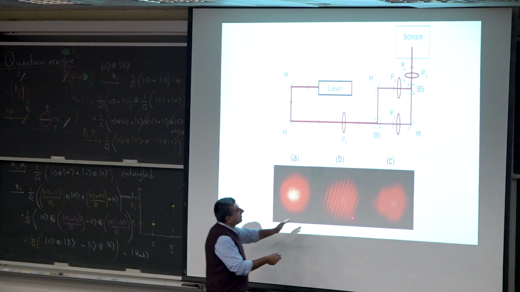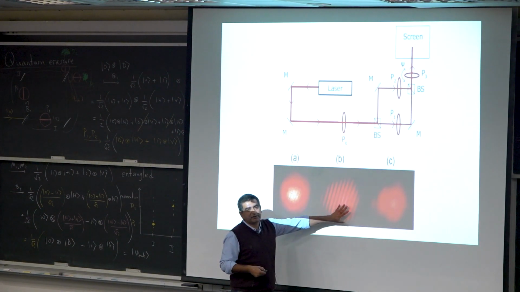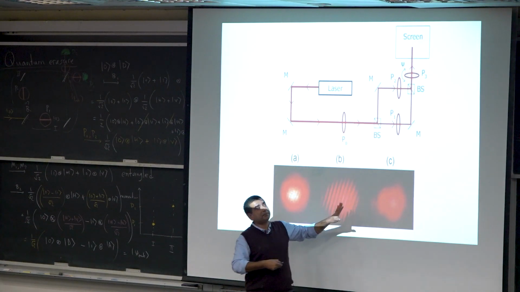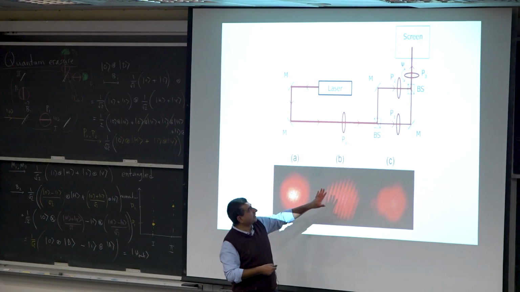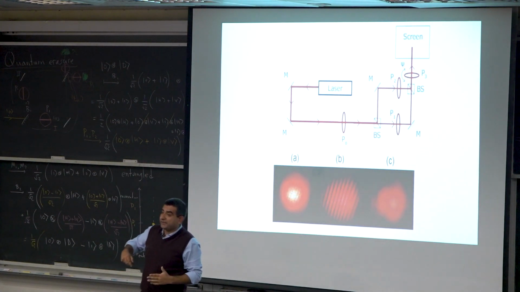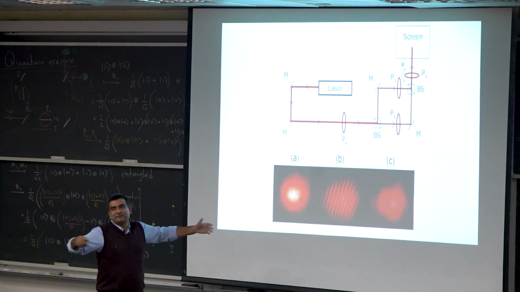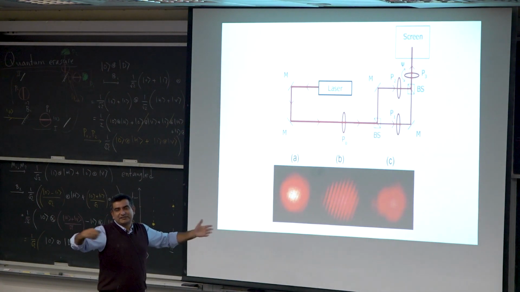In this case, which path information, which was previously available with me when the two polarizers were crossed, has now been erased, and I recover interference fringes.